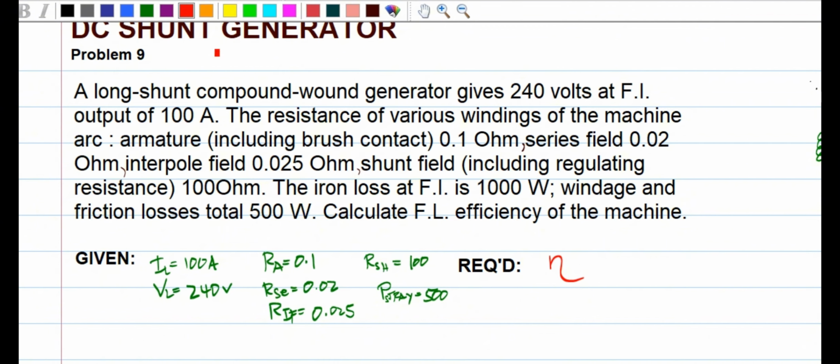First, we have to draw the circuit, and also we have to draw the power flow diagram, so we can know the efficiency of the machine, which is only the output over the input.